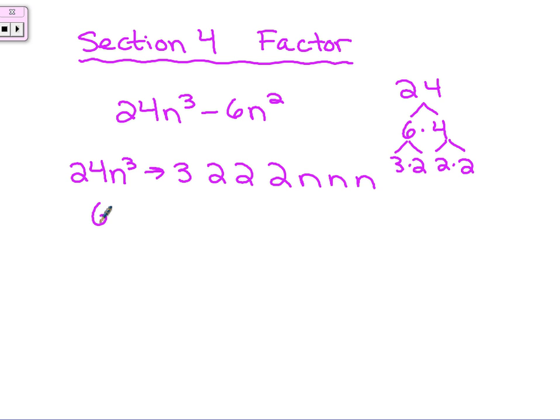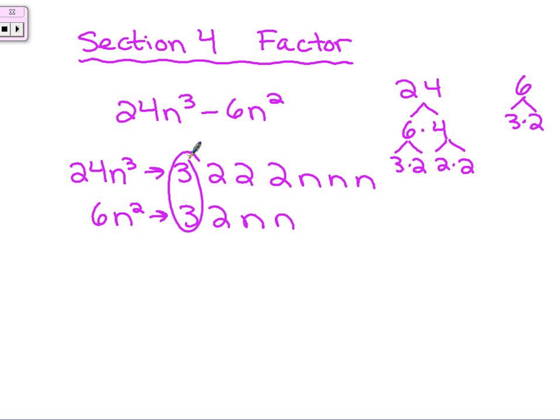All right. Now for my 6n squared, 6, let me do it off to the side here. 3 times 2. I can't get any smaller than that. So 3 times 2 is 6, and then 2 n's. Oh, and they also have a couple n's.